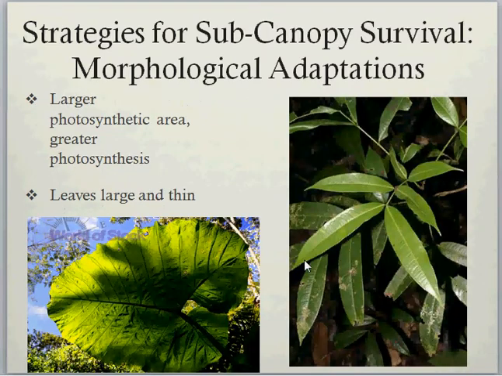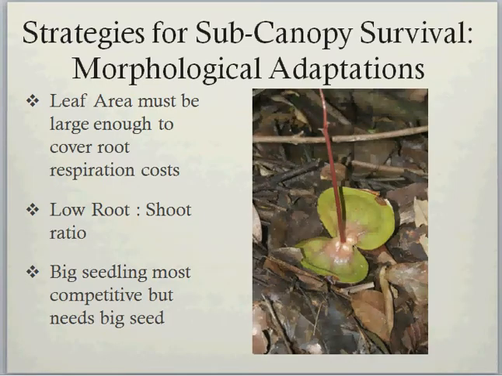Also, because they're so tall, they'll be able to scavenge any light before any smaller seedlings can. So Mora seedlings are very well adapted morphologically to survive in this very low light sub-canopy.